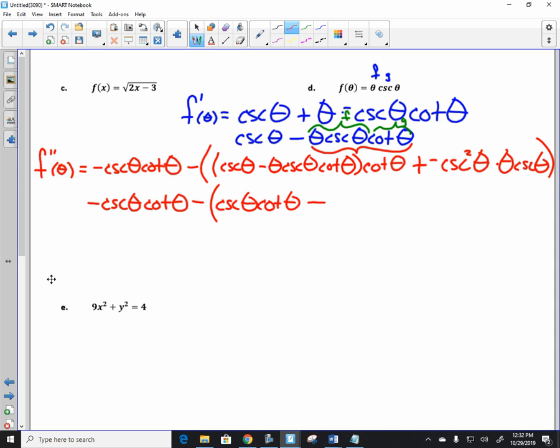I have a minus. When I distribute the cotangent here, I get a theta cosecant of theta cotangent squared of theta. And it looks like I have a minus theta times cosecant cubed of theta.